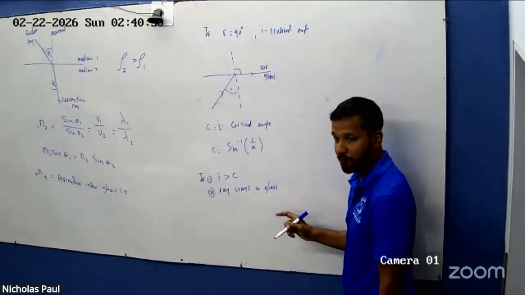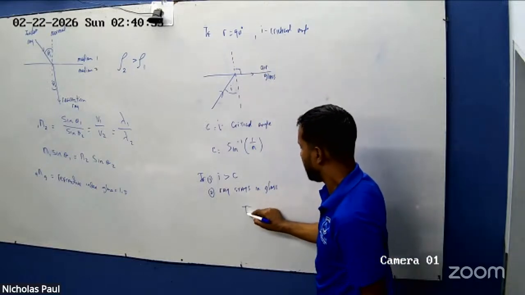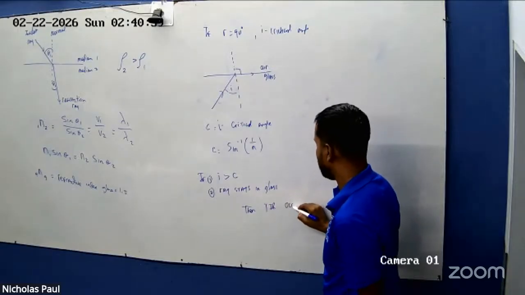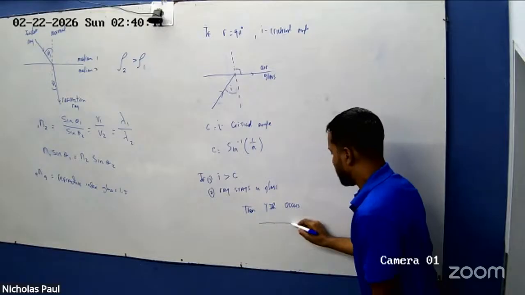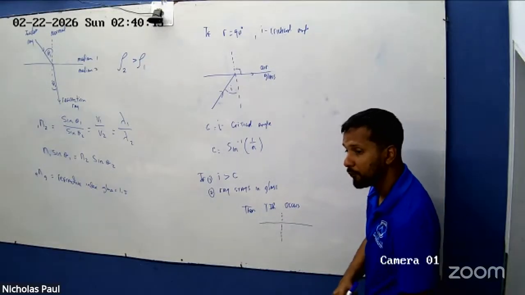Total internal reflection. The ray is not coming out again. Then total internal reflection occurs. i is more than c, all stay in glass.